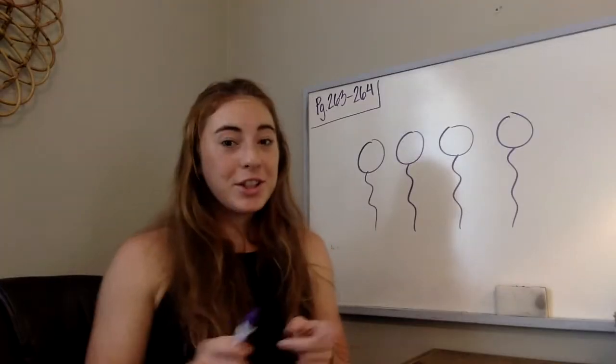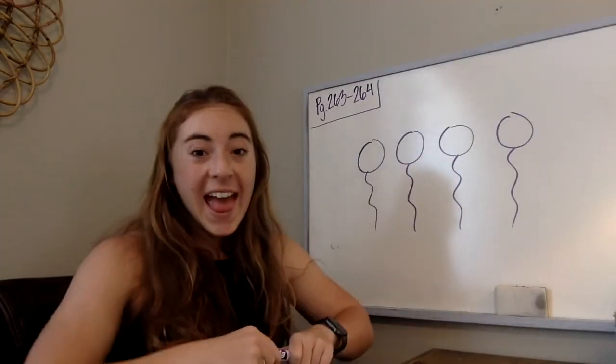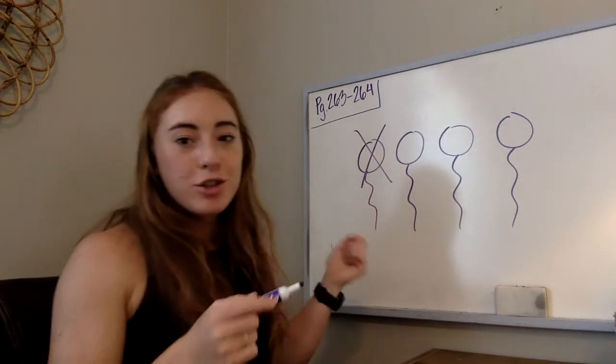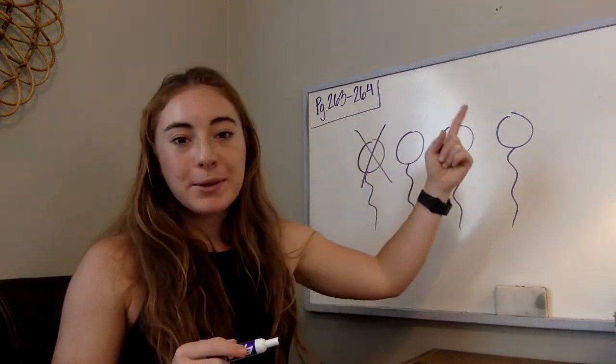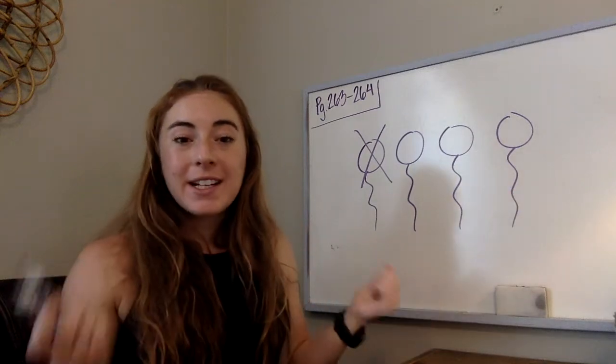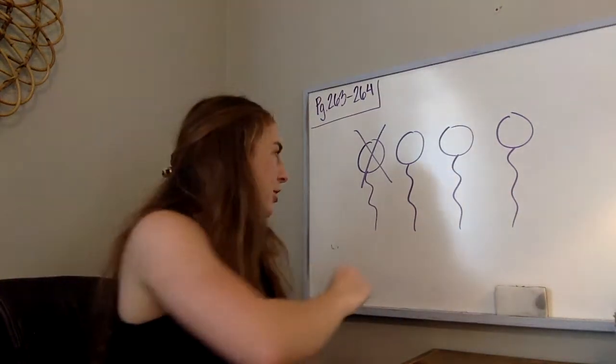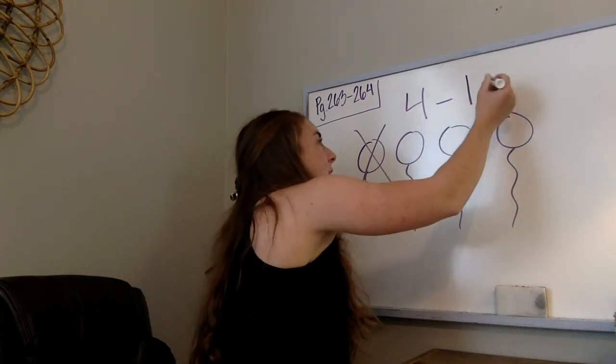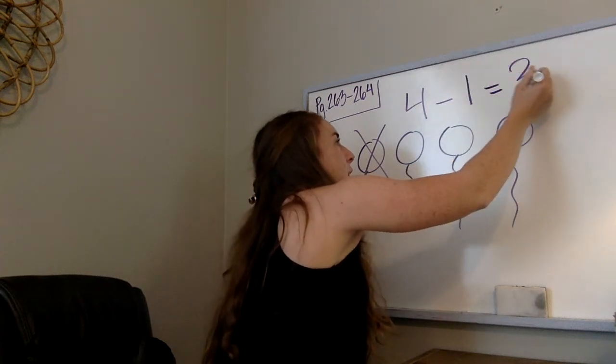On your picture, you should have 4 balloons, and then you should have crossed out 1, which shows that we have 3 balloons left. And then if we write a number sentence, that should look like 4 minus 1 equals 3.